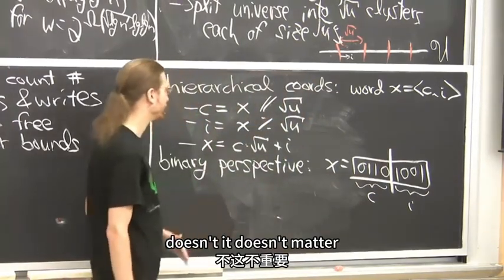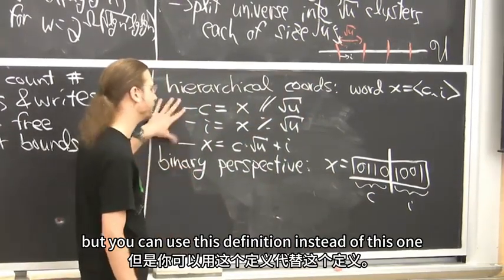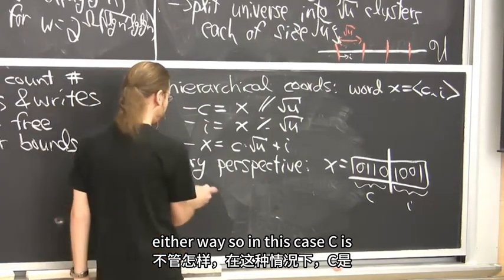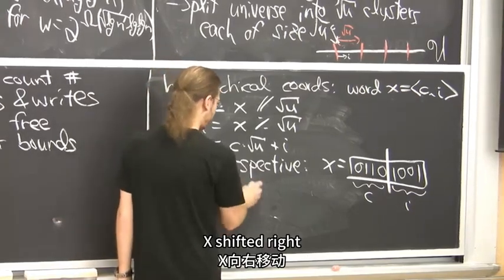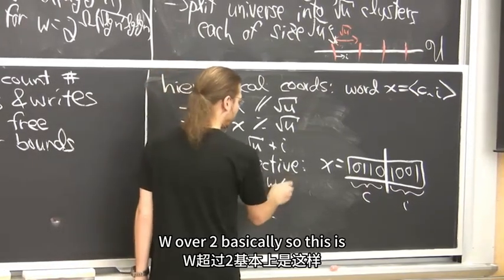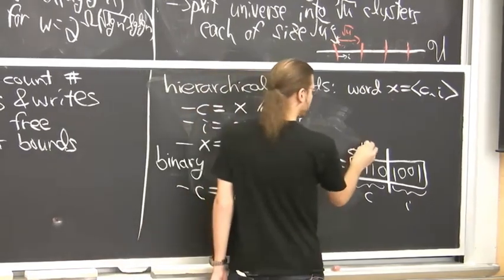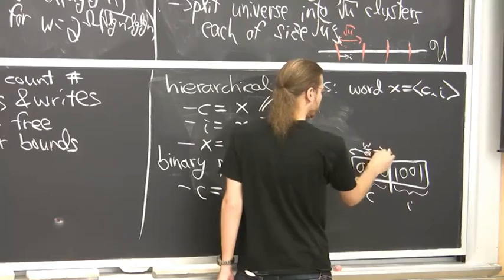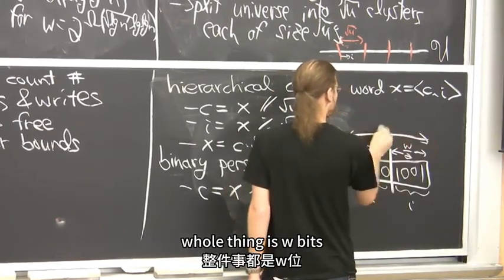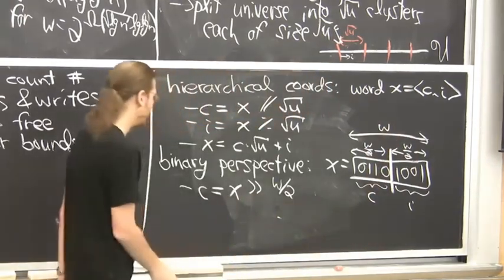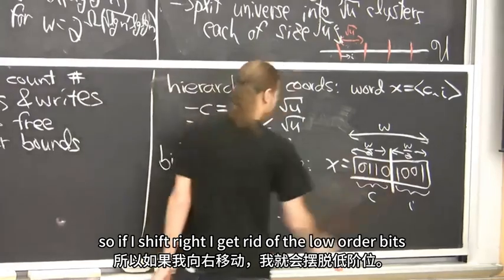It doesn't matter, but you can use this definition instead of this one, either way. So in this case, c is x shifted right by w over 2, basically. Whole thing is w bits. So if I shift right, I get rid of the low order bits.